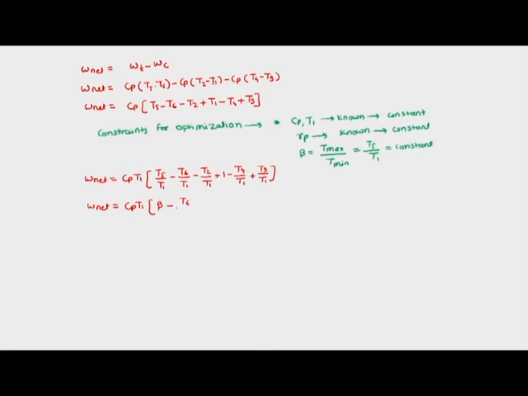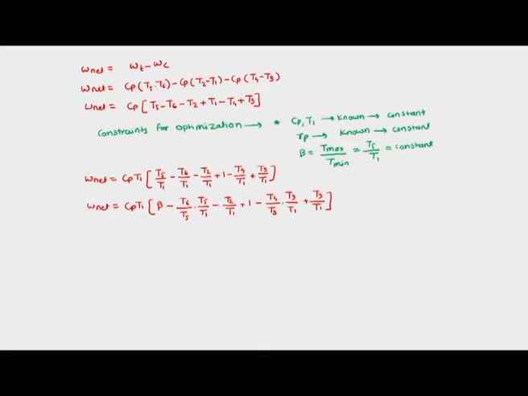We'll do the same thing: T6 by T5 into T5 by T1, minus T2 by T1, plus 1, minus T4 by T1, so we will write T4 by T3 into T3 by T1, and plus T3 upon T1.